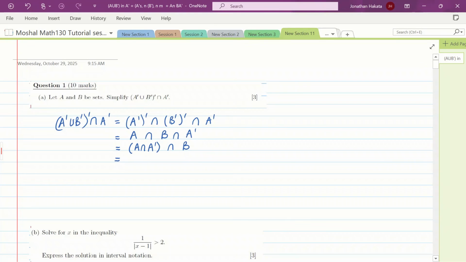Okay. Is it an empty set? Empty set. Should be an empty set. For example, it's correct because imagine if I have a universal set, okay?